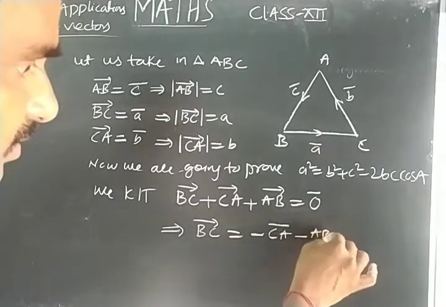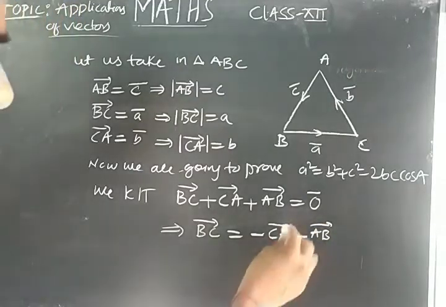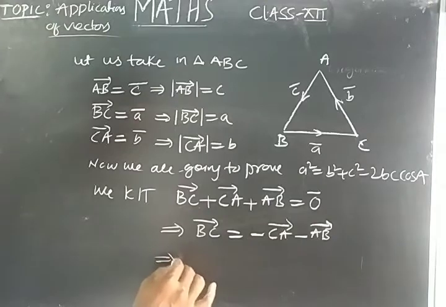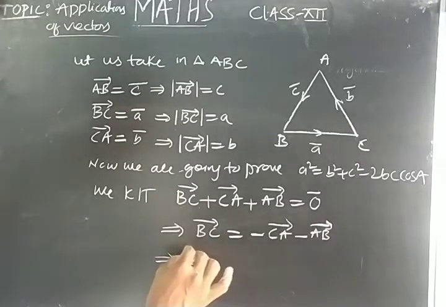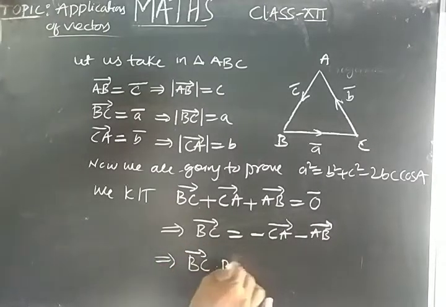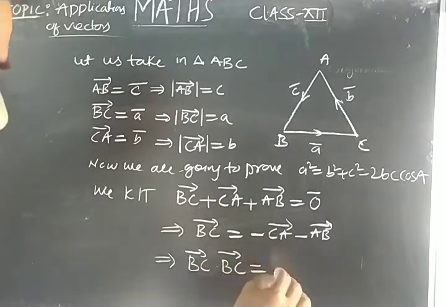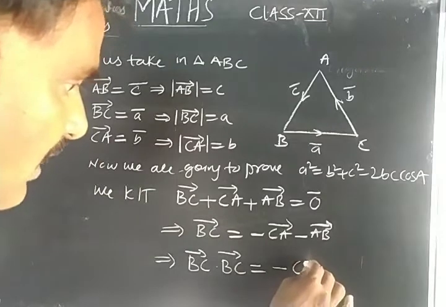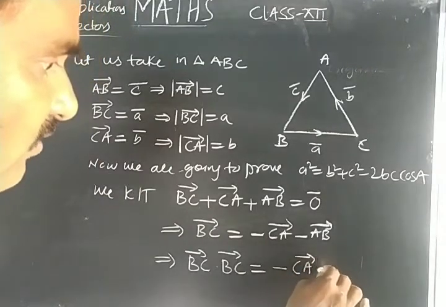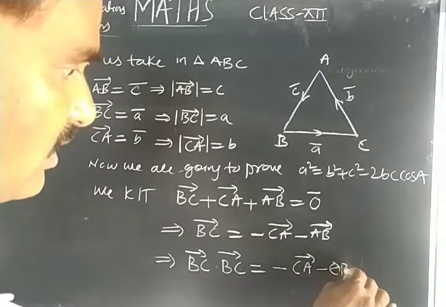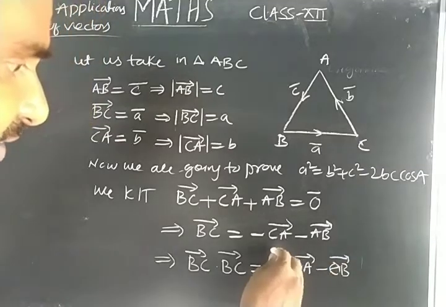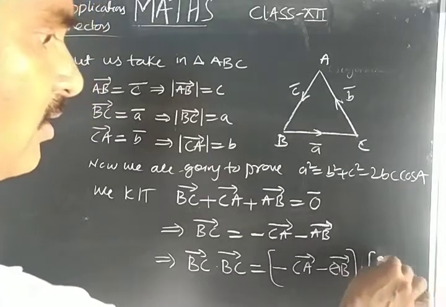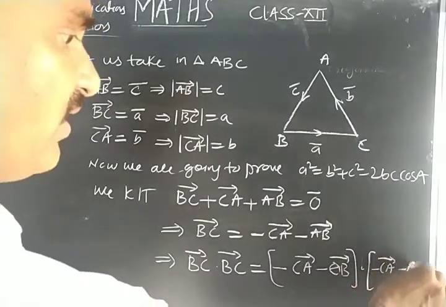Now from this equation, I am taking BC vector equal to minus CA vector minus AB vector. I am taking the dot product with the same equation on both sides. On the left-hand side, I am taking the dot product between BC and BC vector, and on the right-hand side, the same vectors: minus CA vector minus AB vector dot minus CA vector minus AB vector.